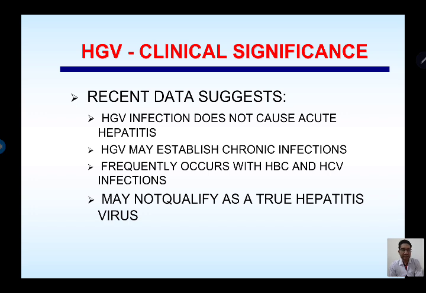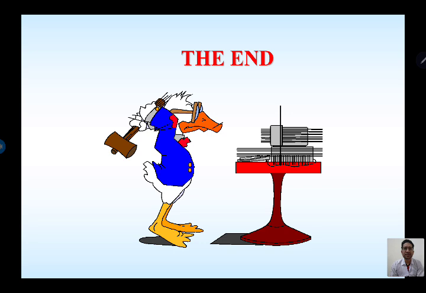Hepatitis G virus may establish chronic infections, frequently occurring with hepatitis B, C, and hepatitis G virus infections may not qualify as a true hepatitis virus.